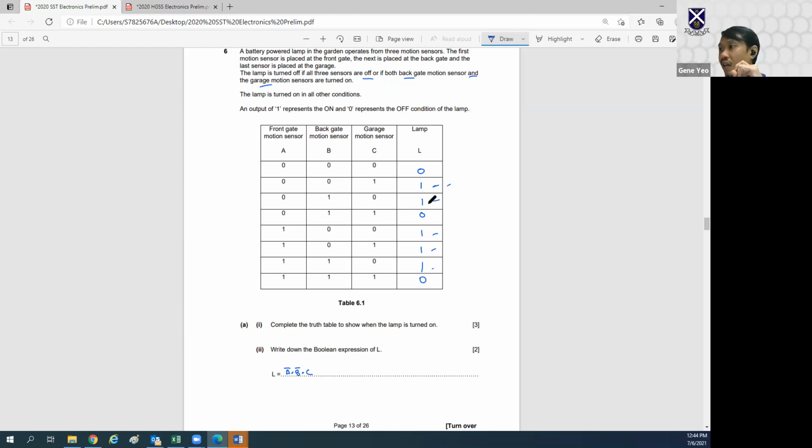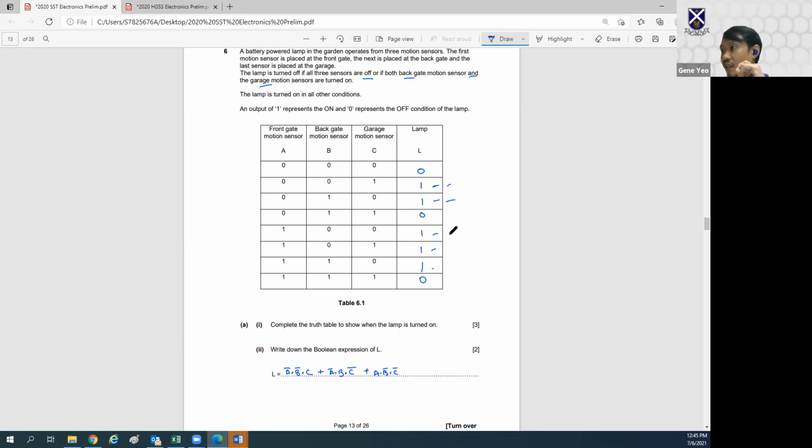So this is done. Next, the second situation when the lamp is turned on is A complement, B, C complement. So I get, or, A complement and B and C complement. Or there's a third situation, A, B complement, C complement: A and B complement and C complement.